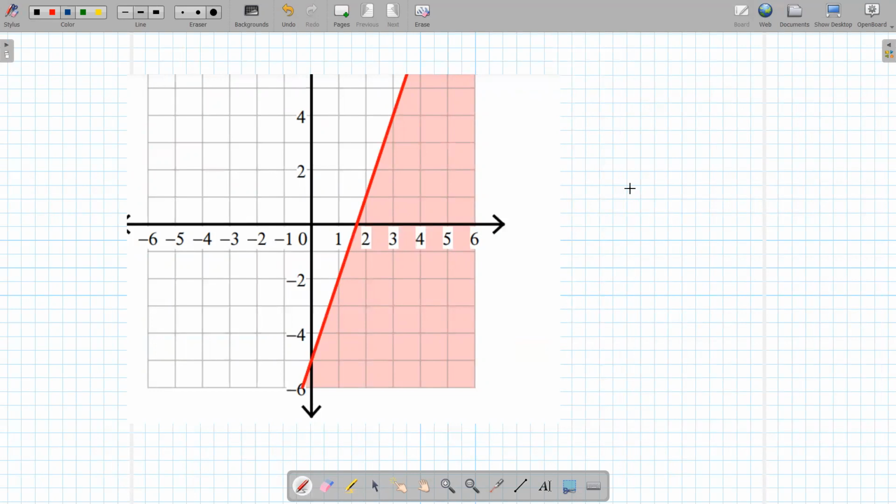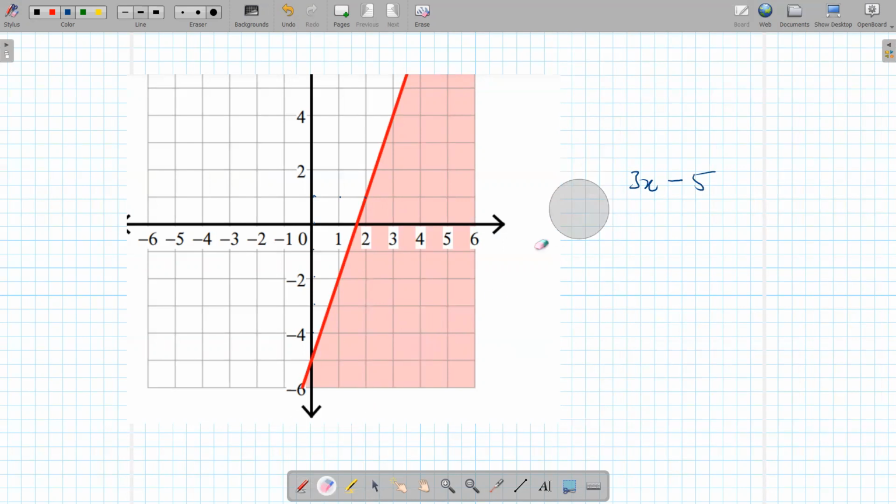How do you find the slope? You can just count the boxes here. You go 1, 2, 3, 4, 5, 6 units up, and then 1, 2, 2 units across. So y equals 6 over 2, which is 3x minus 5. That's the equation.